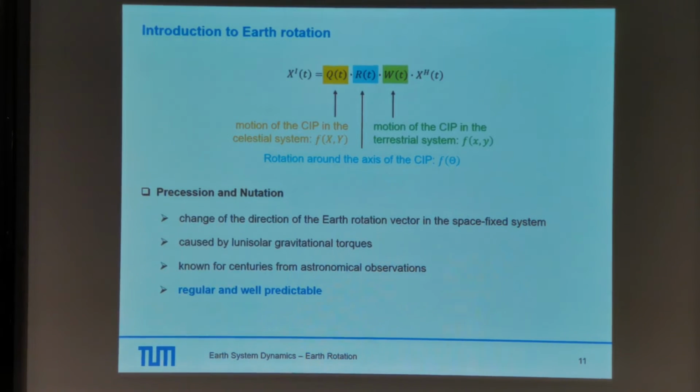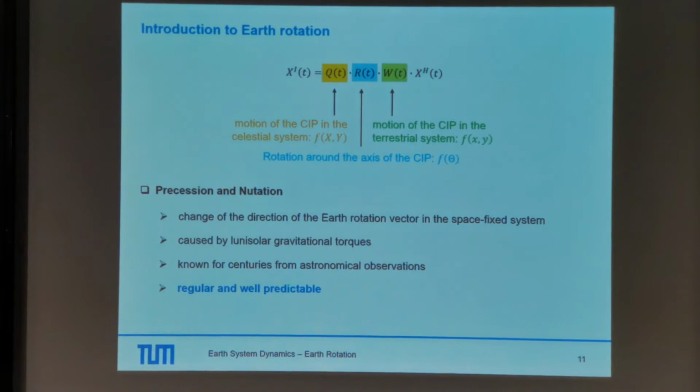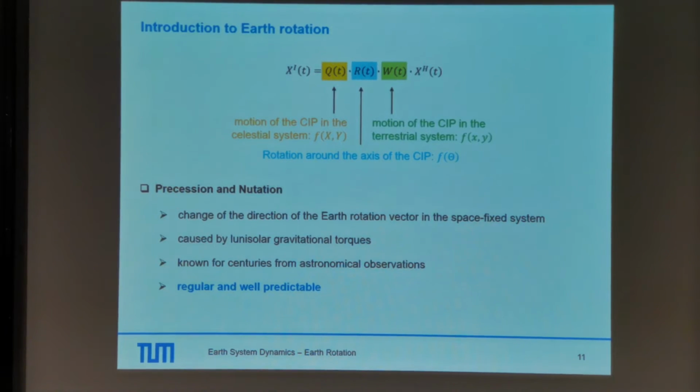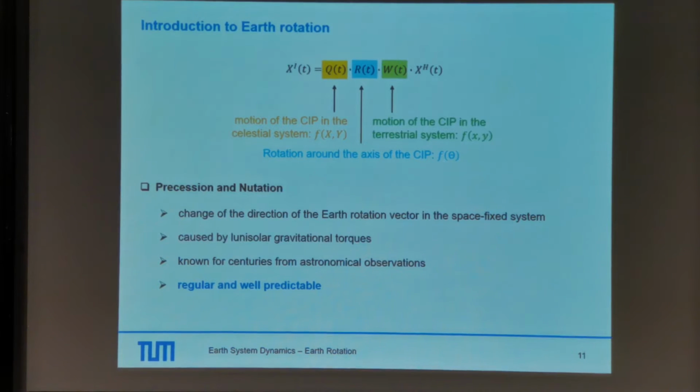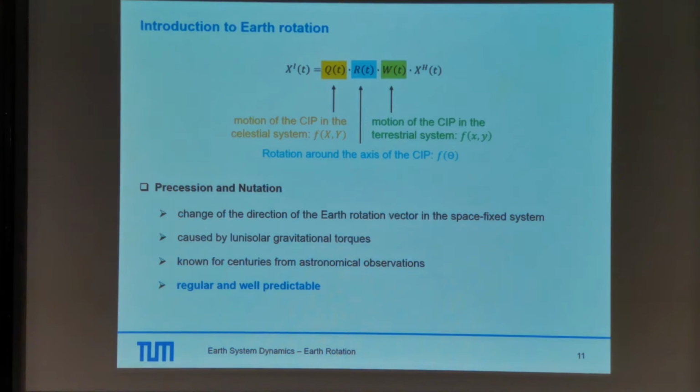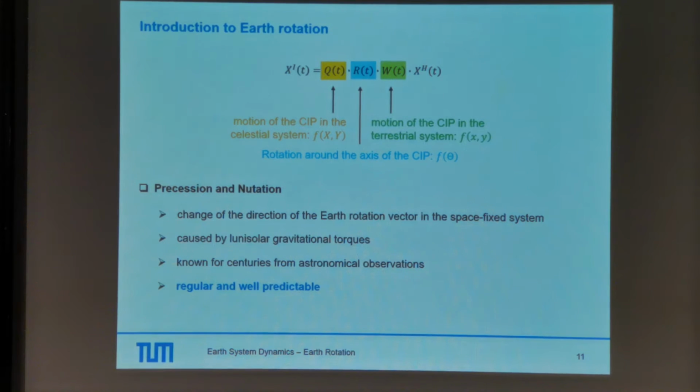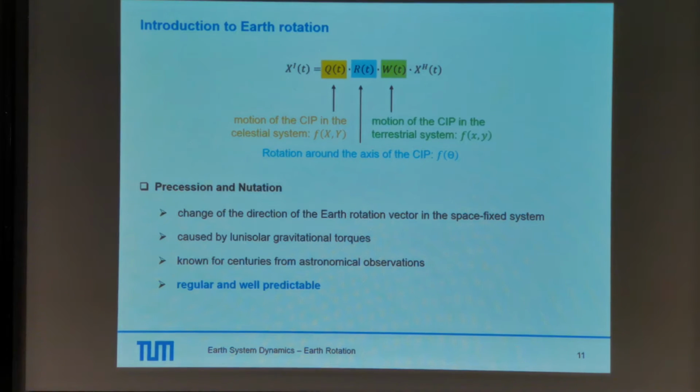W describes the motion of the celestial intermediate pole in the terrestrial system, so the mean or instantaneous Earth rotation axis, as seen when you are placed on the Earth crust. Then we have the R matrix, which describes mostly the rotation around the rotation axis itself, which means the diurnal rotation of the Earth.